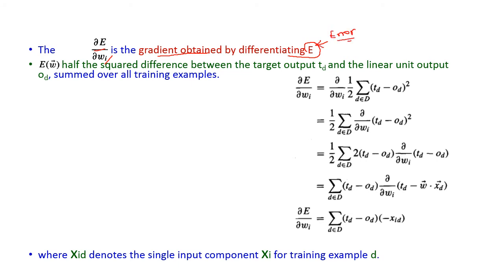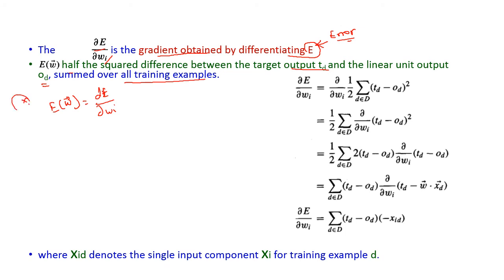In the previous slide itself, we have seen the error of the W vector. dE/dWi, the differentiation of E divided by the differentiation of Wi, is equal to half the squared difference between the target output TD and the linear output OD, summed over all the training samples.